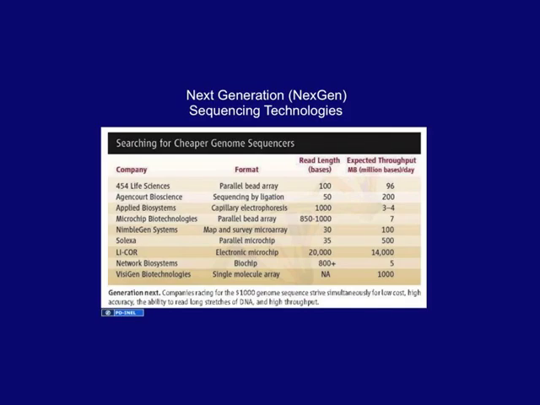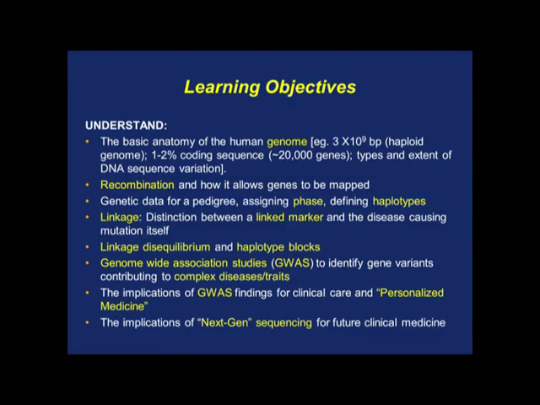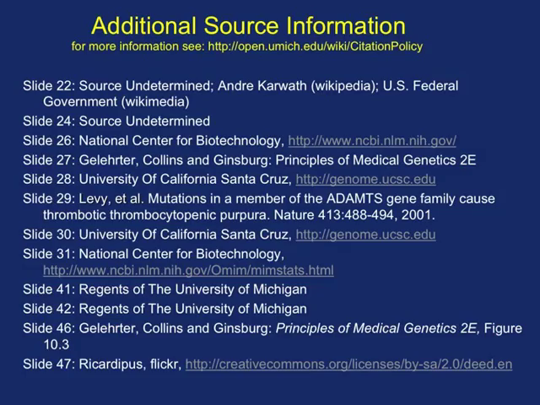It was done with these old-fashioned machines. These newer machines are dramatically, orders of magnitude faster and cheaper. This is what's making it possible for us to sequence thousands, tens of thousands of genes, and eventually all of our genomes. And we're going to talk about the implications of that for medicine, genome-wide association studies for human disease. That'll all be the focus of my last lecture to you on Friday.